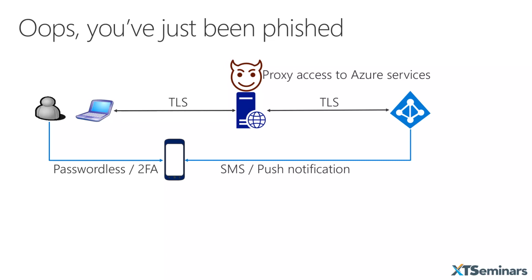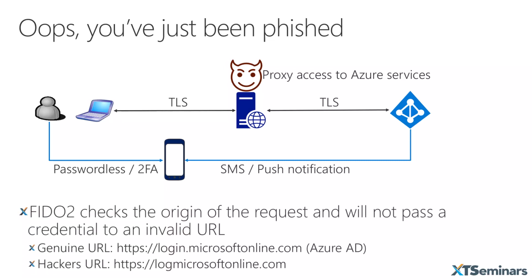Now, do you remember when I was talking about the FIDO2 key, I said the relying party requests a credential for example.com. If we're using FIDO2 keys with Azure, Azure is going to request a credential for microsoftonline.com, or Azure AD if you want to call it that.